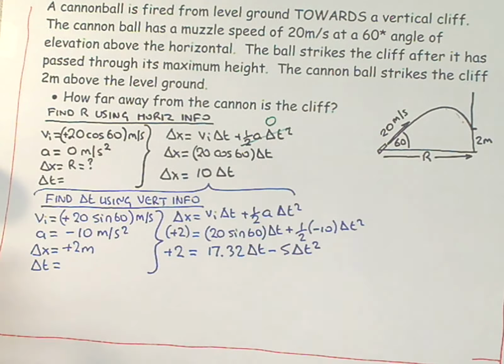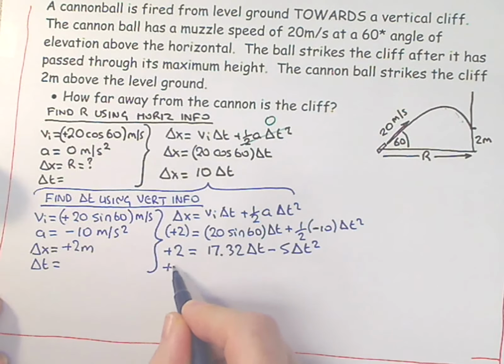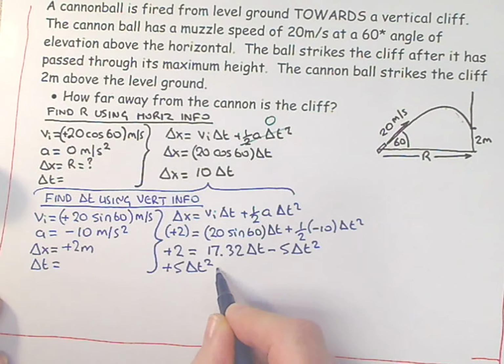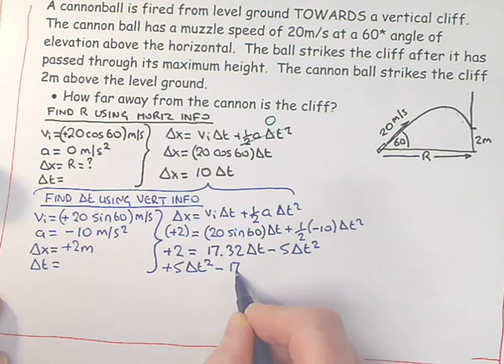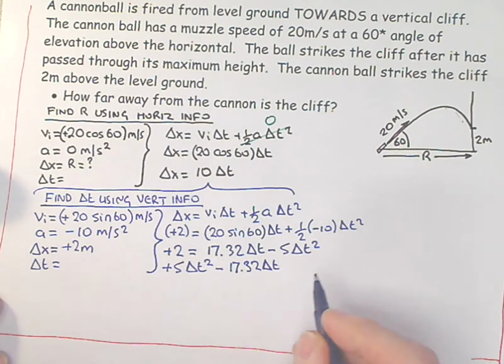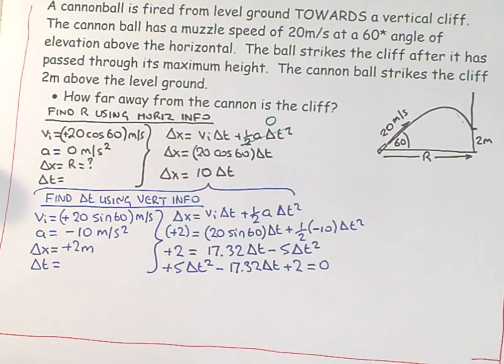That's quadratic, isn't it? So let's just rearrange this so it looks nice. So we have plus 5 delta t squared minus 17.32 delta t plus 2 is equal to 0.